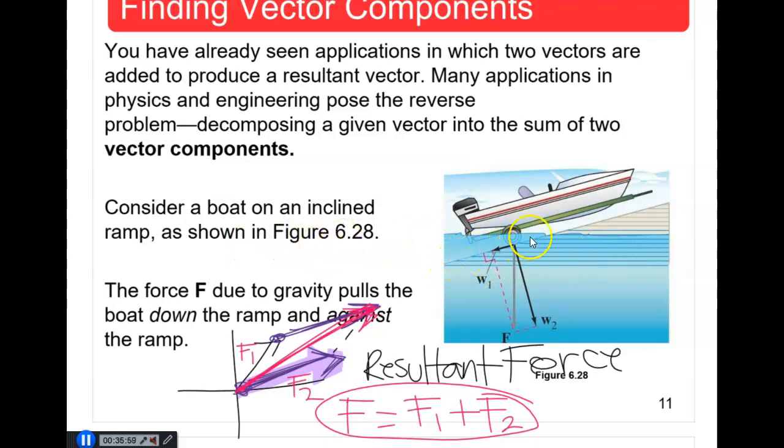So we have the inclined ramp, we have the boat, and it says here the force F due to gravity pulls the boat down the ramp. So here is gravity, and it is perpendicular with the horizontal line.